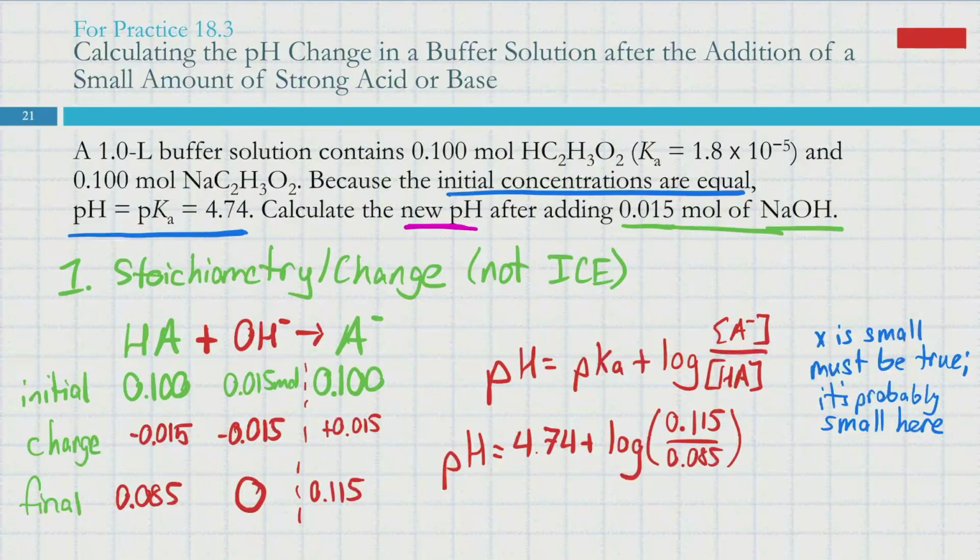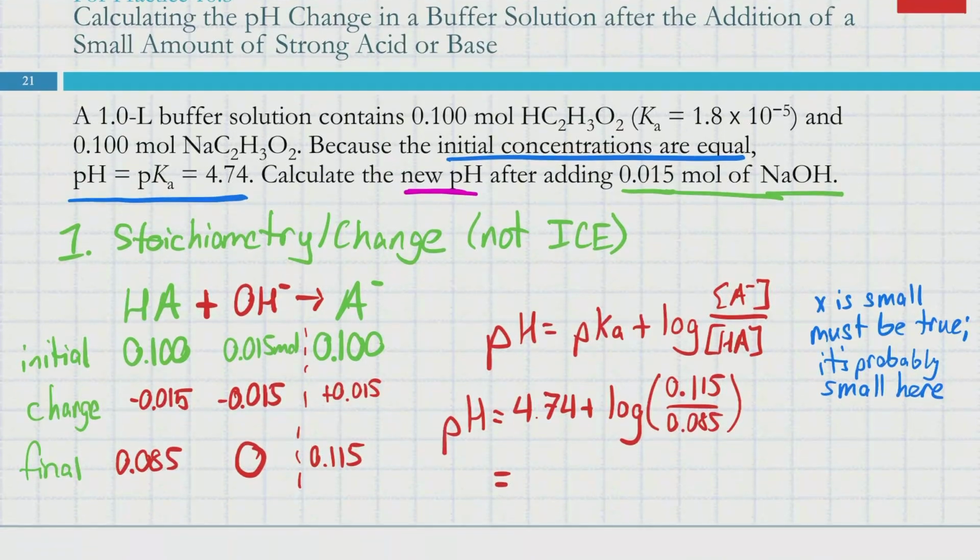Into the calculator, get 4.87 for our new pH. Does it make sense? Does it seem like that could be the real value? Yeah, it seems like that could be the real value.